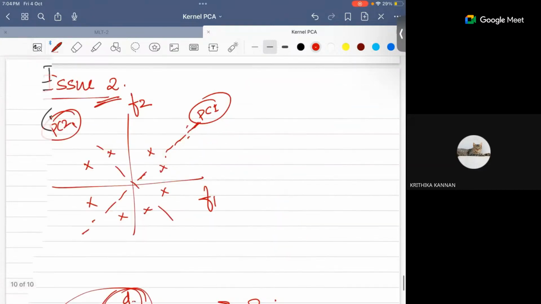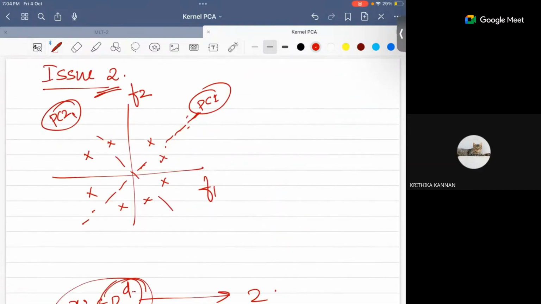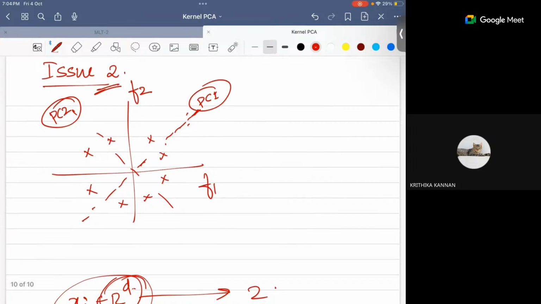So here, principal component analysis is not able to find any pattern. What we can do is try to increase the dimension for this data set. And how can we increase the dimension? For each data point we have some f1 and f2.